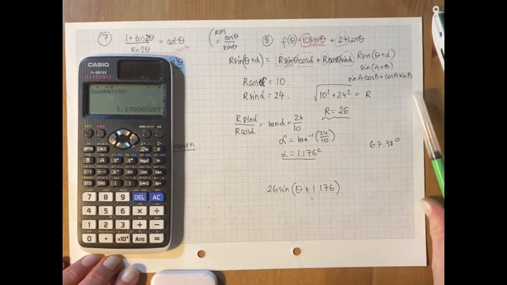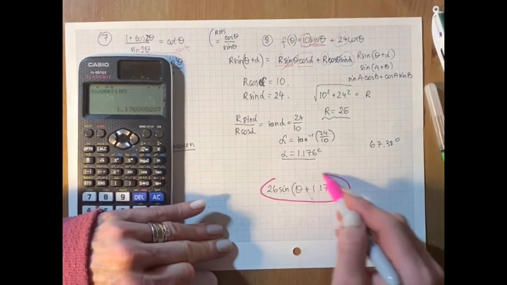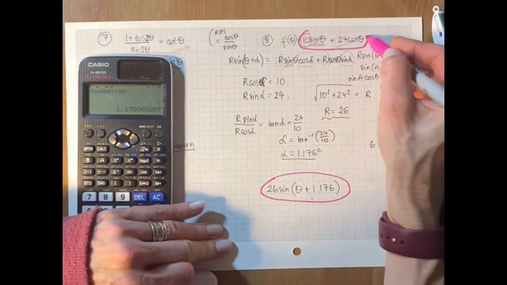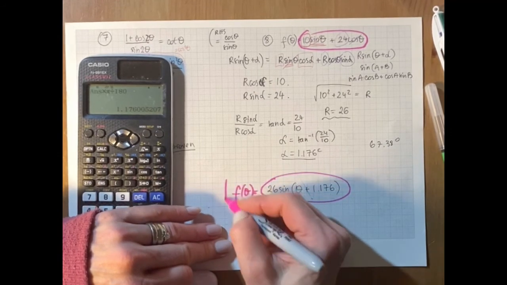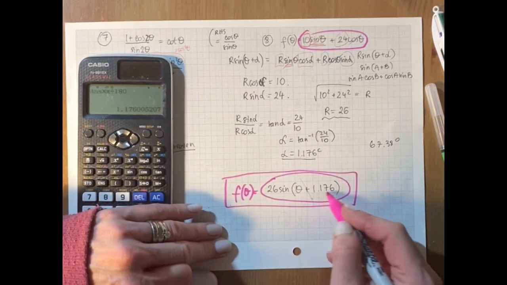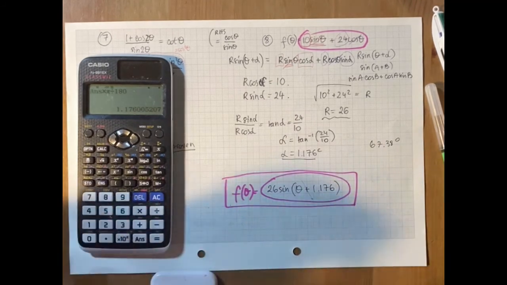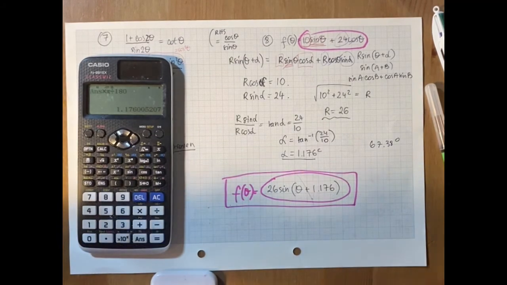So this here is a replacement for this function. So this is your f of theta. It's not exactly equal to f of theta because you approximated the angle here, but it's close enough. Okay, so now you can have a go at the remaining questions.